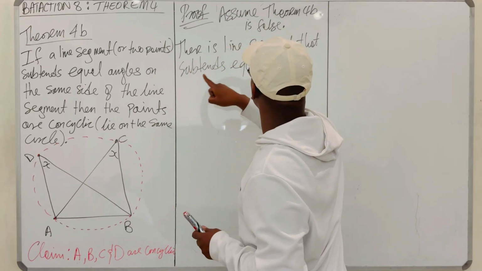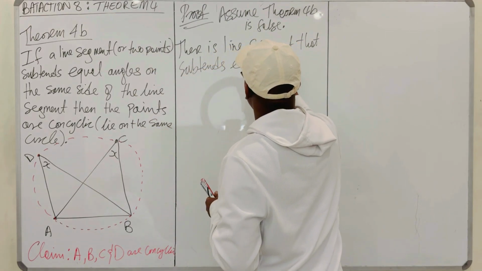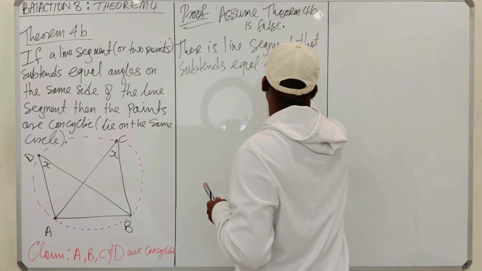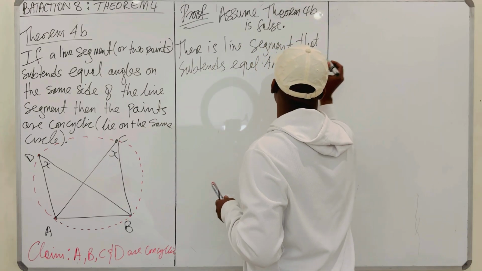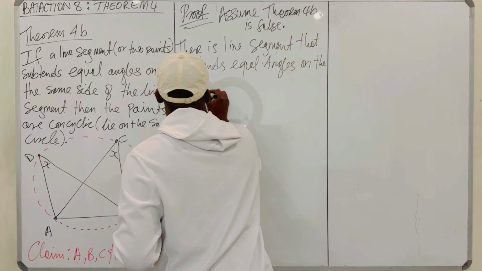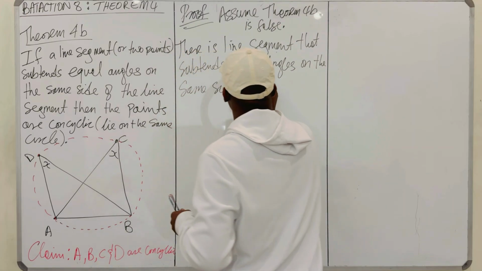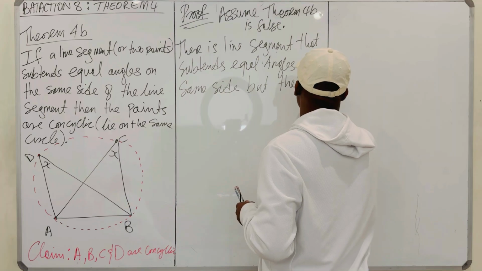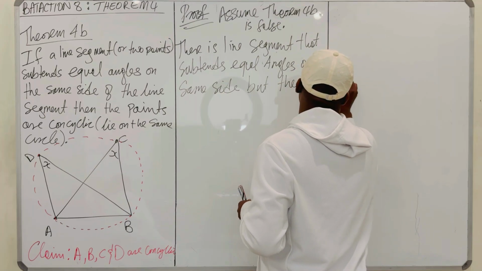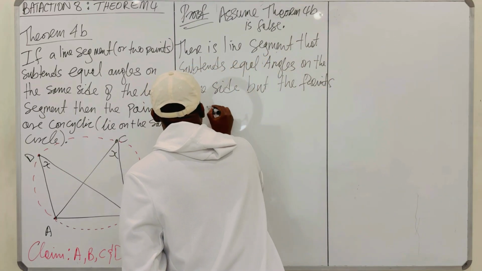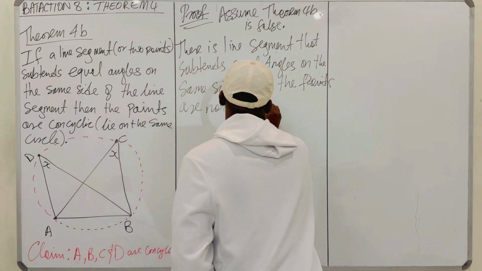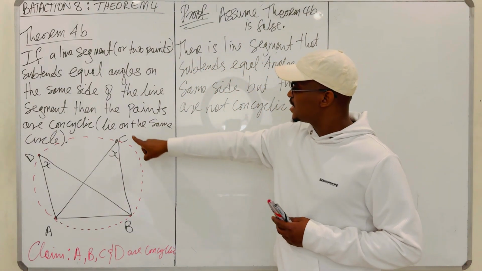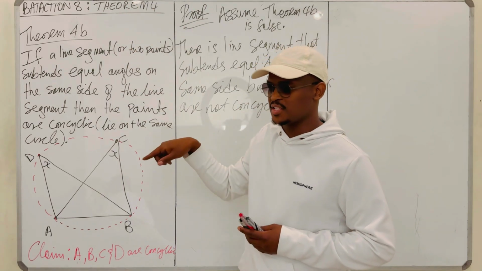We have a line segment or points that subtend equal angles on the same side, but the points are not concyclic. What does concyclic mean? It means they lie on the same circle, which is they lie on the same circumference.